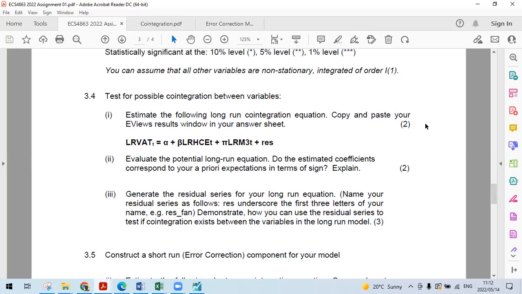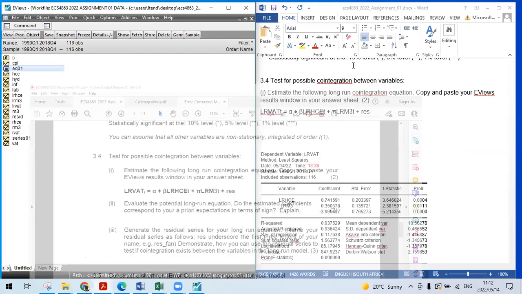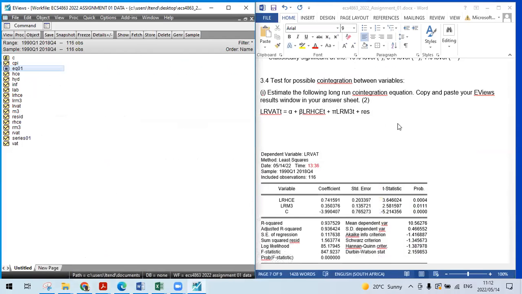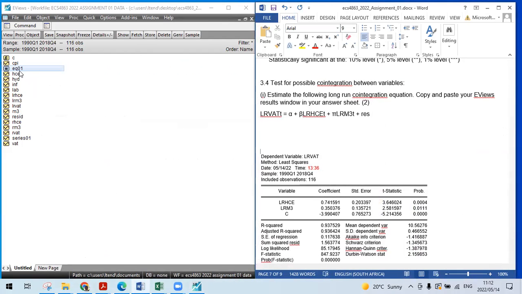Now the next one they are saying, evaluate the potential long-run equation. Do the estimated coefficients correspond to your economic theory in terms of sign? So we need to have it here. Oh, the equation is here. Or I can open it here on EViews.